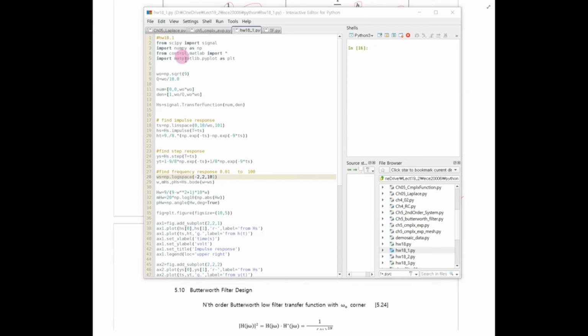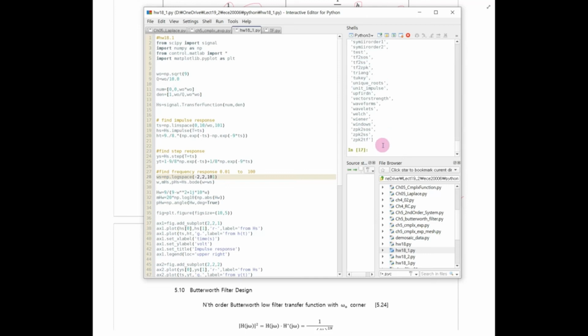The transfer function related packages are included in this signal package, so you can search some functions of signal, then you can list all the functions. Here you can see tf2sos. That is for second order system transfer functions. How are we going to convert to this one?